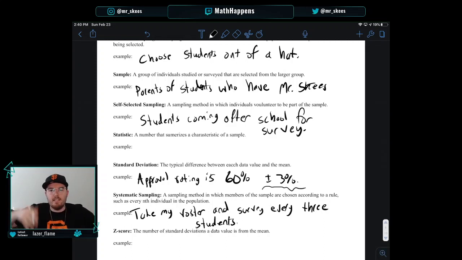That right there is the standard deviation. We are telling you that our data could be off by a certain amount. So that's the typical difference. Standard deviation is sort of like give or take.